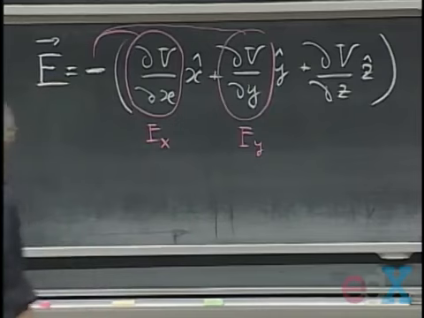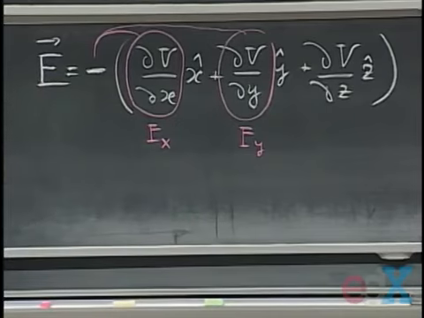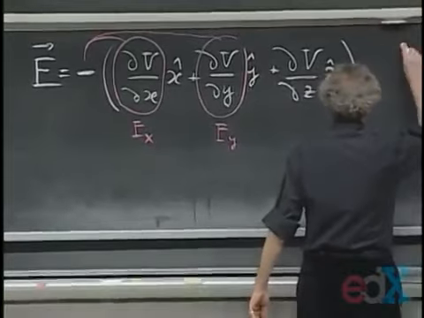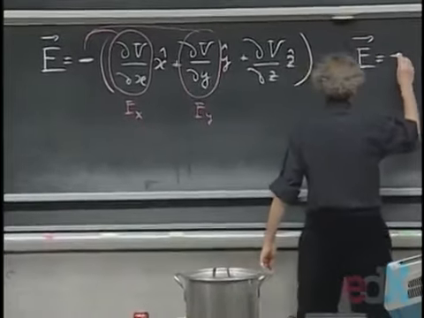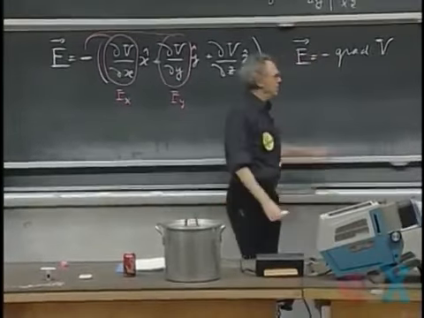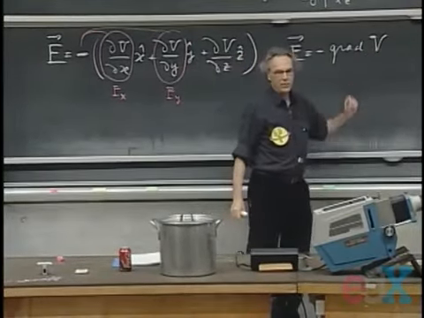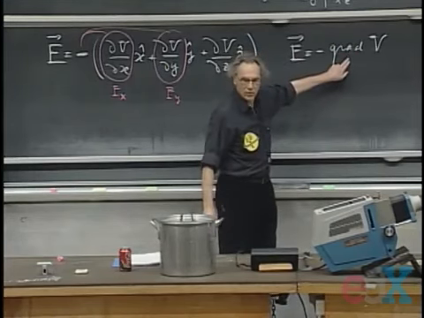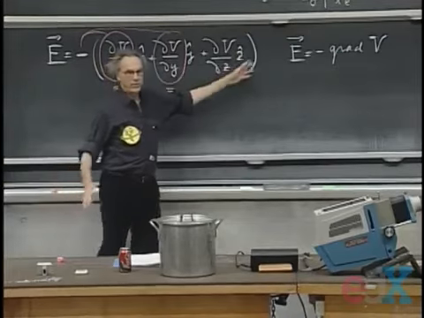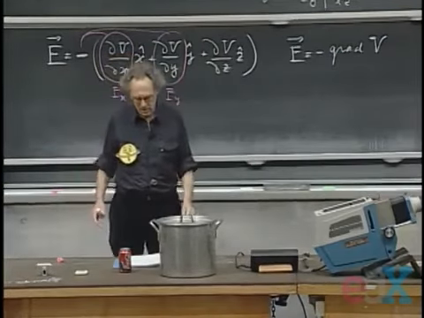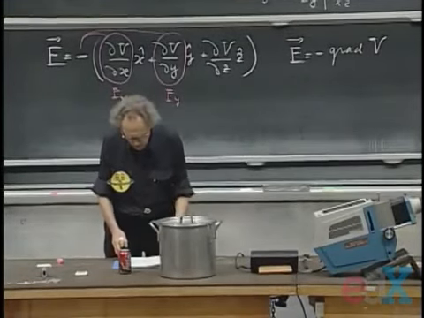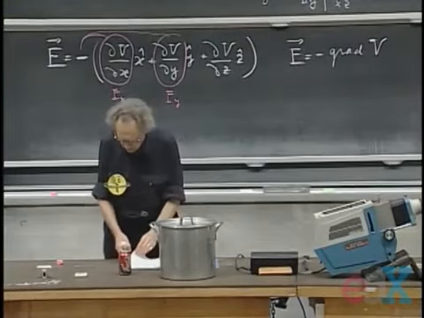And so this is the Cartesian notation, for which in 18.02 you will learn, or maybe you already have learned, we would write this E equals minus the gradient of V. This is a vector function, this is a scalar function, and this is just a different notation, just a matter of words, for this mathematical recipe. And you'll get that in 18.02 if you haven't seen that yet.